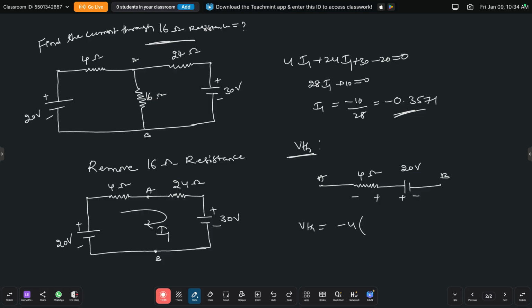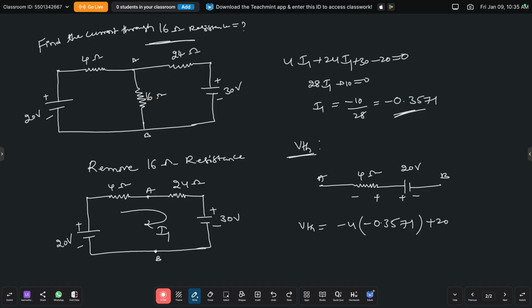There is only one loop. So what is the current flowing through the 4 ohm resistance? Already we got the current I equal to minus 0.3571. So minus 0.3571 and plus 20 is equal to 0. So no, there is no equal to. Already we need to find the Vthevenin.